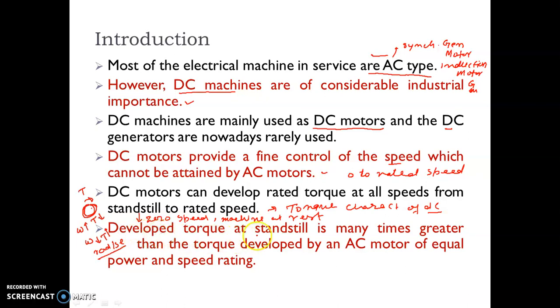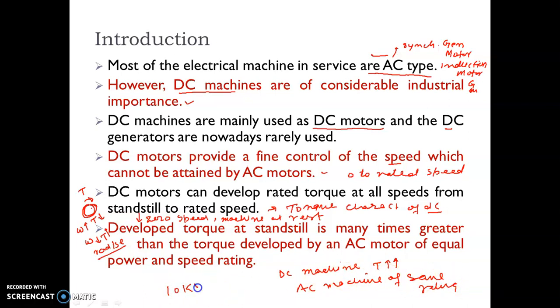The torque developed at a standstill is many times greater than the torque developed by an AC motor of equal power. When the speed is zero, a DC machine develops very high torque as compared to an AC machine of the same rating. Suppose the machine rating is 10 kilowatt.